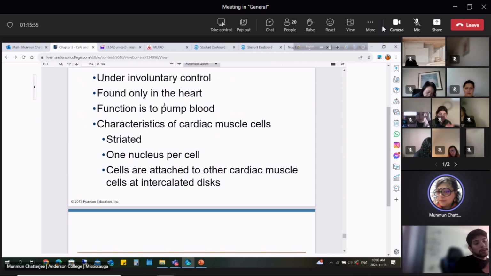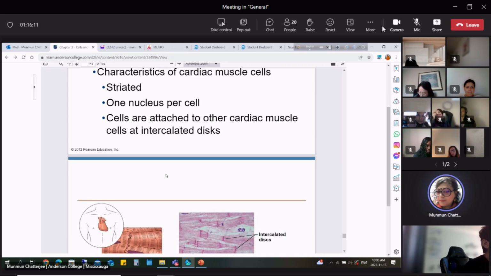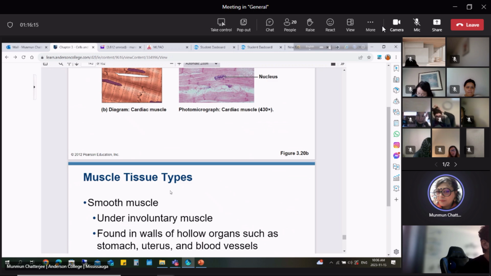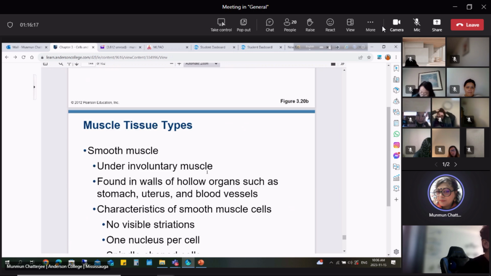The skeletal muscle is striated, multinucleated, and under voluntary control. Skeletal muscles mainly help in movement, and are found attached to bone, not inside the bone. And then we have another muscle called the smooth muscle.